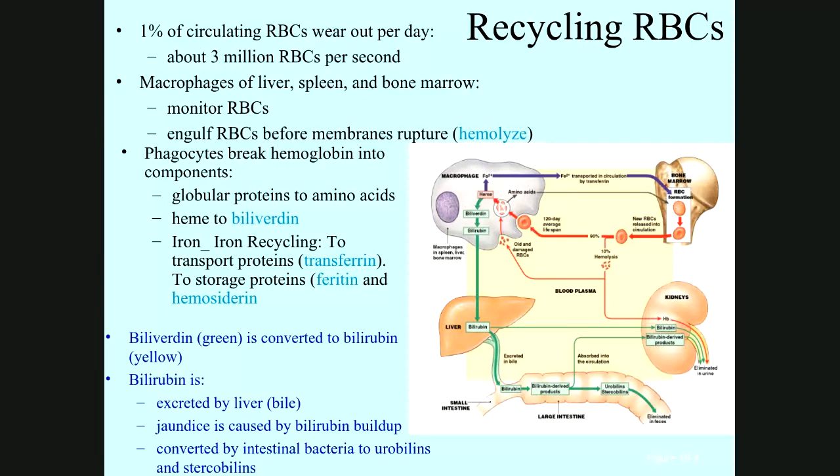So when the red cells are produced by the bone marrow, myeloid tissue, 10% of them can get damaged, with rupture of the membrane by hemolysis, and those old and damaged red blood cells can be engulfed by the macrophages within the liver, the kidney, or the spleen.